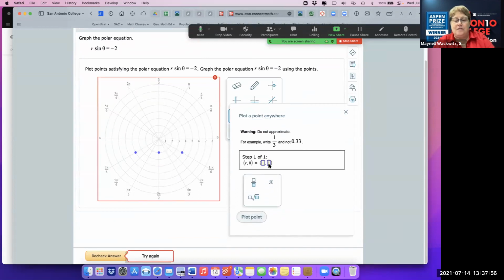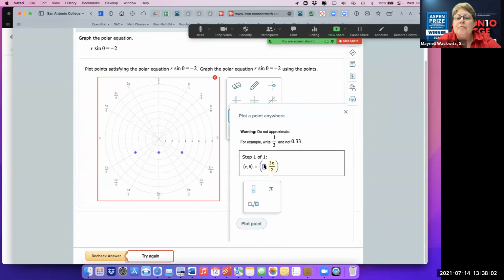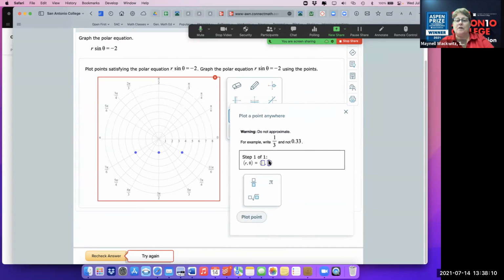Okay, and 3 pi over 2, sine of 3 pi over 2 is -1, and -1 times -2. I think that's 5 points. I just need to plot one more. So let's do 11 pi over 6.